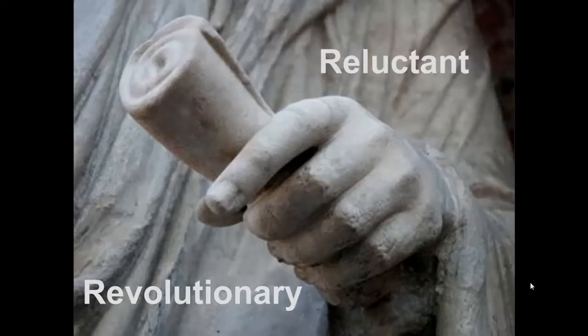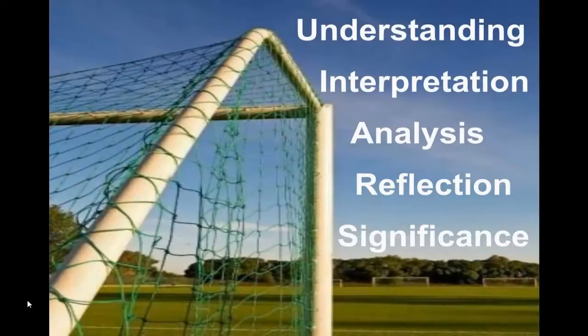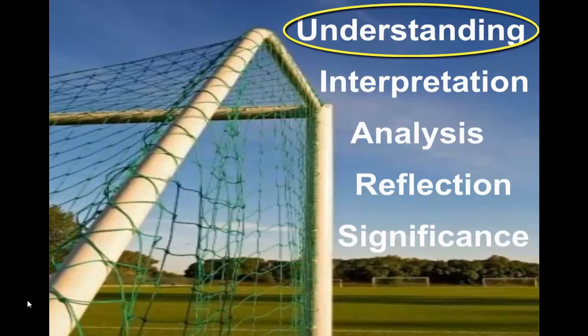The goals for this unit are taken from the UK National Curriculum. These are: number 1, to encourage an understanding of the diverse experiences, ideas, beliefs and attitudes of people from the past.